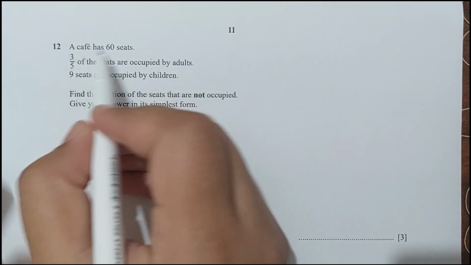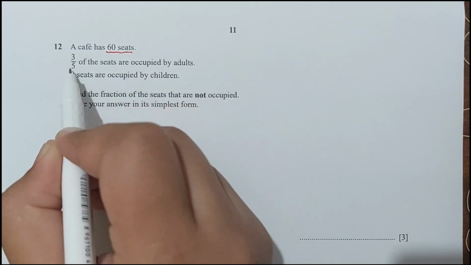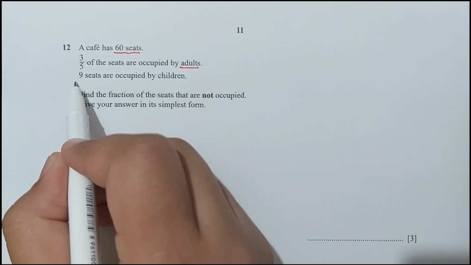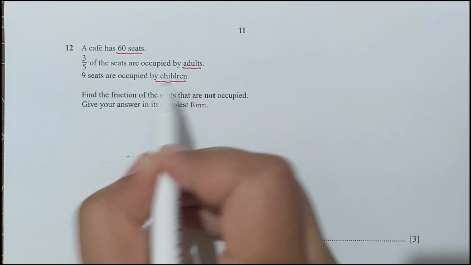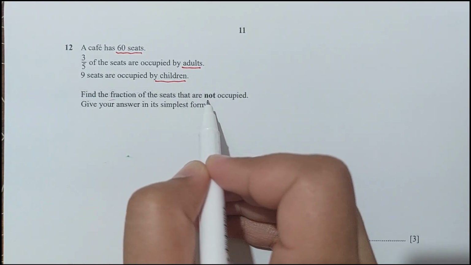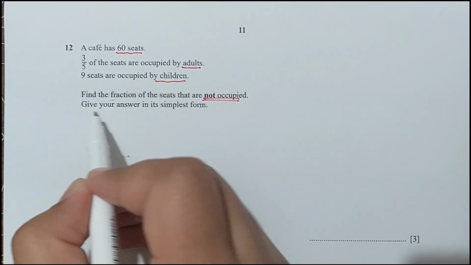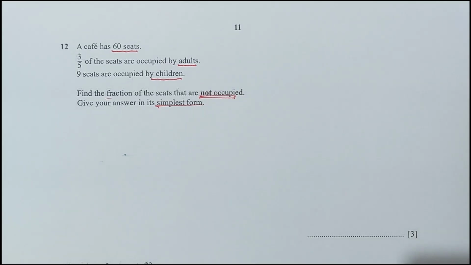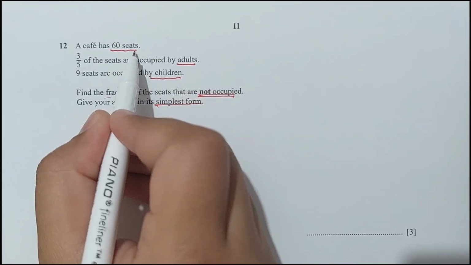Question number 12. A cafe has 60 seats. 3 by 5 of the seats are occupied by adults. 9 seats are occupied by children. Find the fraction of seats that are not occupied. Give your answer in its simplest form. Okay, so total number of seats in the cafe is 60.